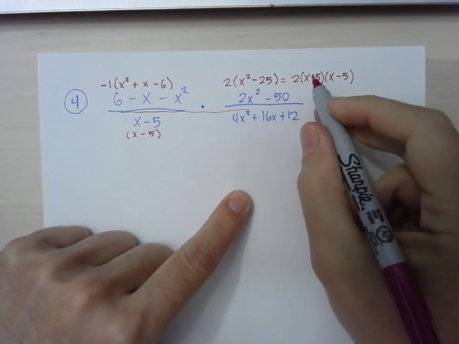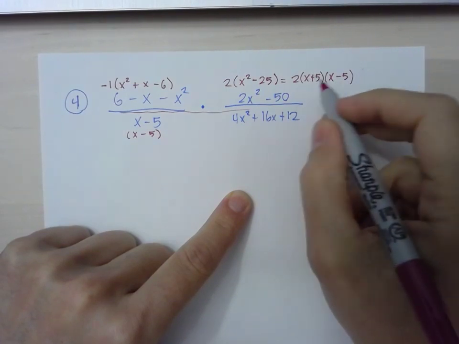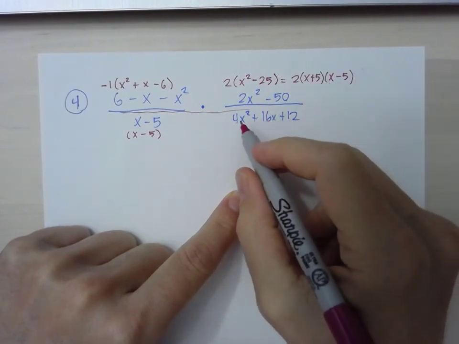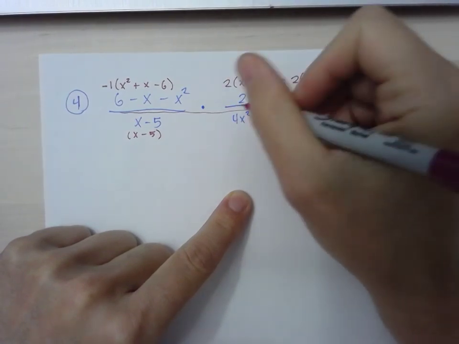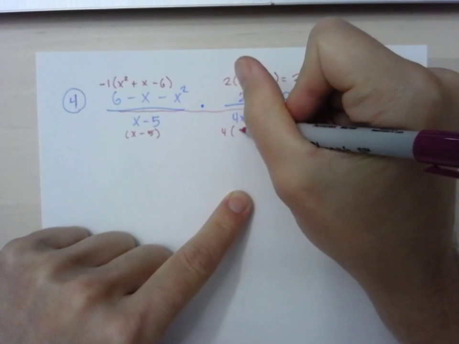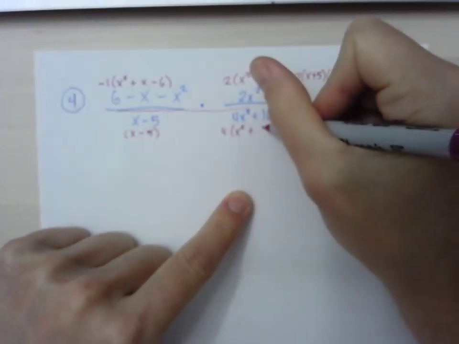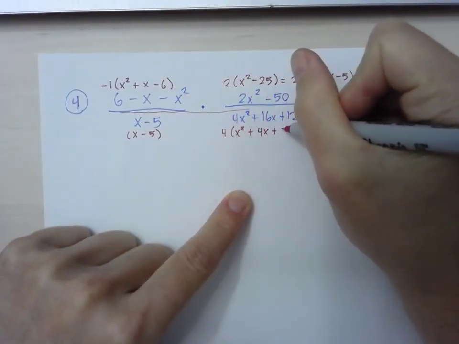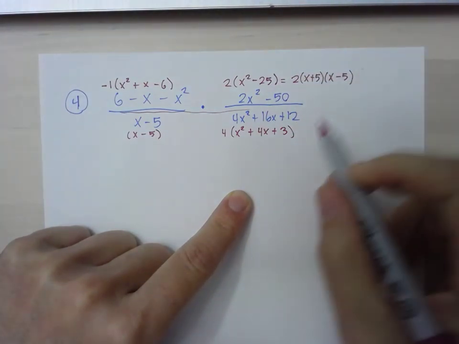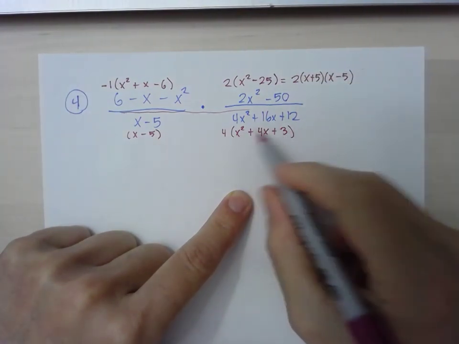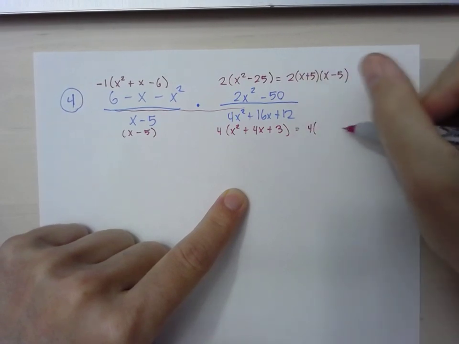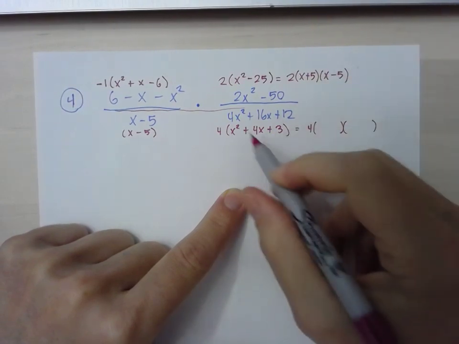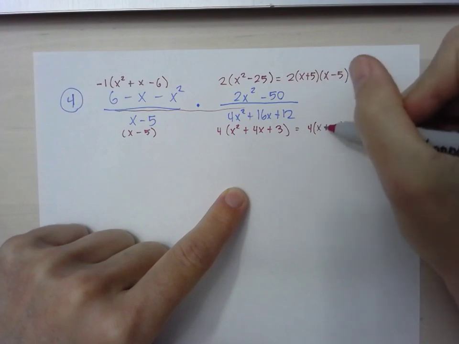So I can do that as a plus and a minus the square roots. 4x squared plus 16x plus 12, looks like 4 can go into all three of those terms. So if I divide those by 4, I get x squared plus 4x plus 3. And I can break that down even further. So that's going to give me 4, and that should be x plus 3, x plus 1.